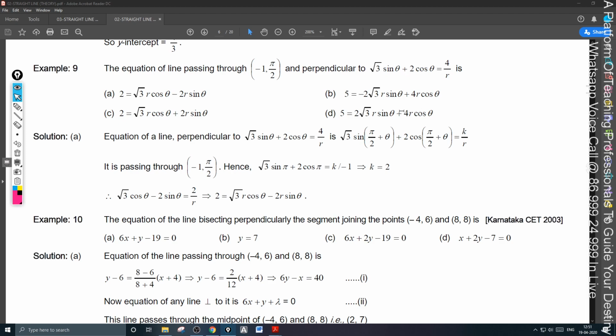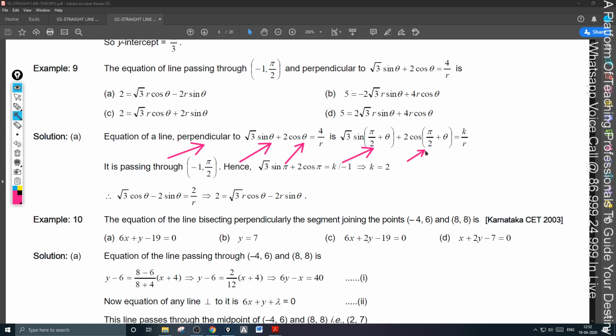Let me show you that. Here itself in the solution, I will show you that. Just see. This is the line equation given. And here also you have theta. Because we need the perpendicular line here, this theta is replaced with pi by 2 plus theta.